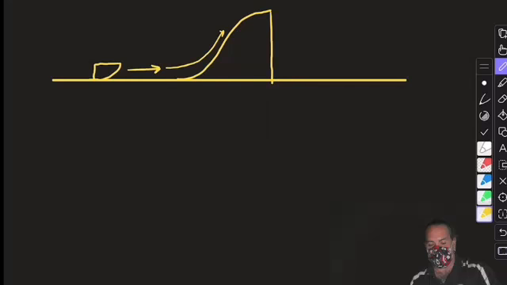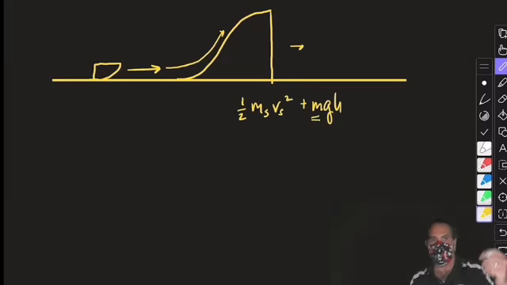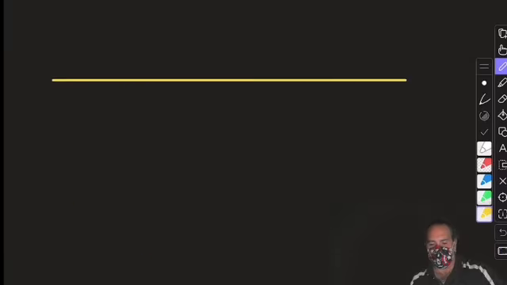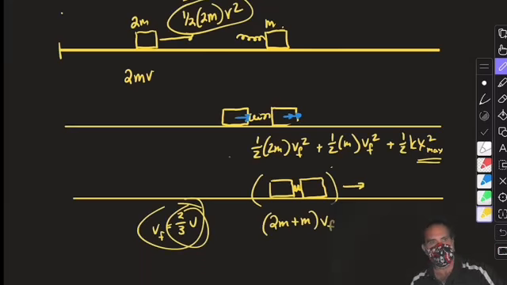So there'll be a time when both of these objects have the same velocity, and when they do, it'll be 1/2 mass of the system times the velocity of the system squared plus mgh for the single mass. It'll have potential energy because then it'll slide back down. Same thing will happen.